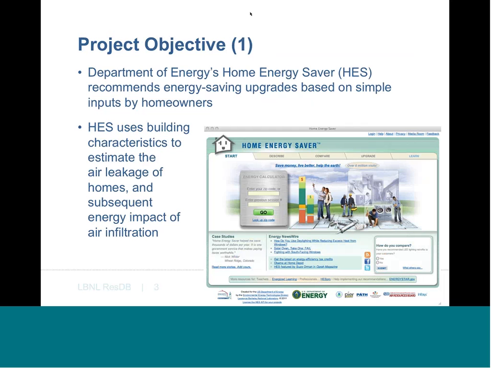Home Energy Saver recommends energy saving updates based on some simple inputs by the homeowners. This online tool uses building characteristics to estimate air leakage of homes, and then it uses an energy model to predict the energy impacts of air infiltration. So to support Home Energy Saver, one objective of our database is to characterize the air leakage of U.S. homes.